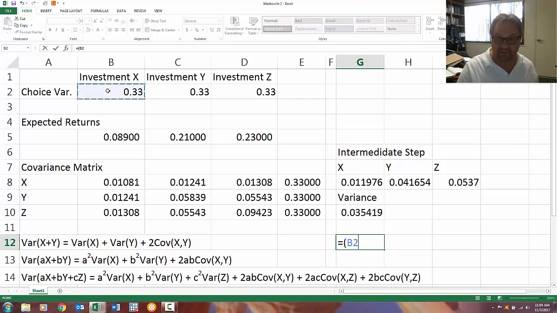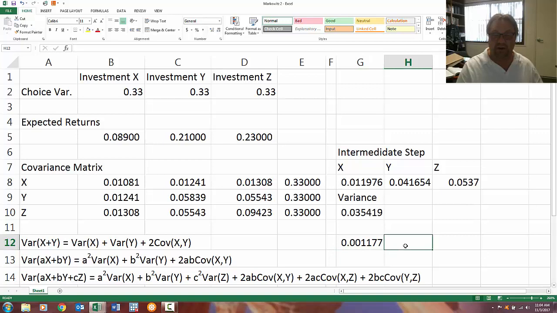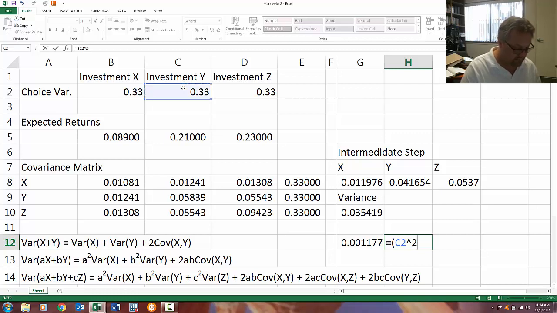Here I'll take this number squared, and then multiply it by the variance of x. That'll be my first term. And then I'm going to do the b squared times the variance of y. That was this number.